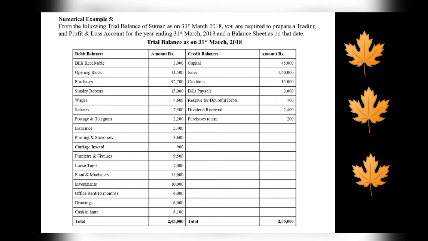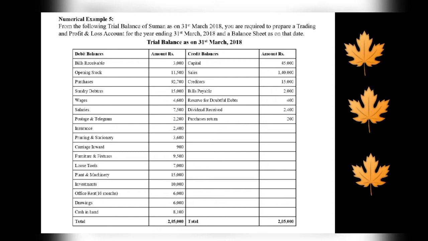So we'll have to calculate the new reserve, which will be deducted from the debtors, and the second effect will be shown to the debit side of profit and loss account. And from that new reserve, the old reserve which is given in the trial balance will be deducted.